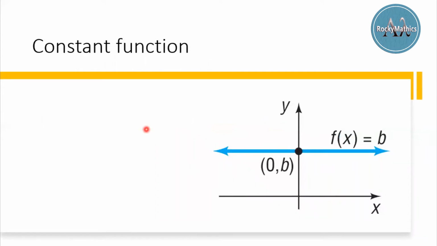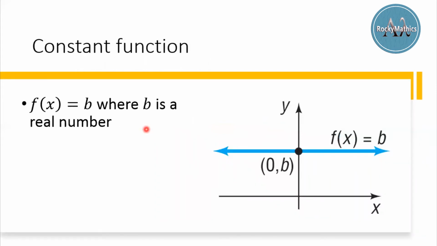So this is the first function, which is what we call the constant function. This is the graph of the constant function. As you can see, the function is given by f of x is equal to b, where b is a real number or any constant.